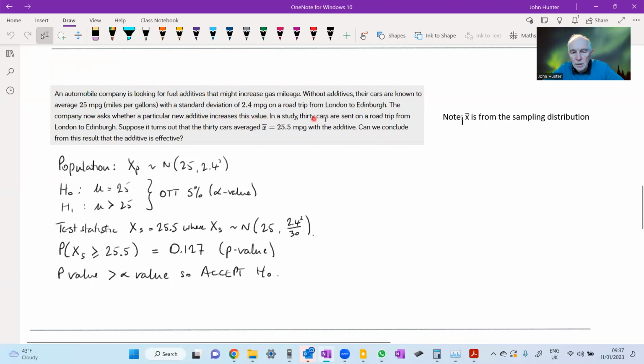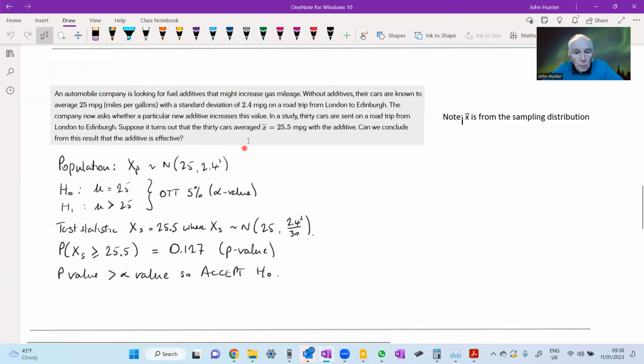In a study, 30 cars are sent on a road trip from London to Edinburgh. Suppose it turns out that the 30 cars averaged 25.5 miles per gallon with the additive. Can we conclude from this result that the additive is effective? Are we doing any good, or does it not make any difference, and should we forget about it?